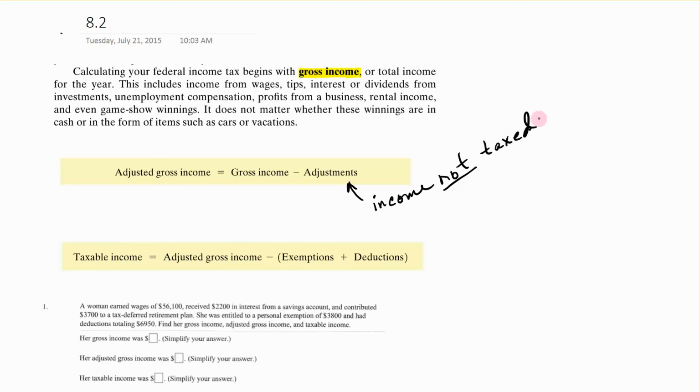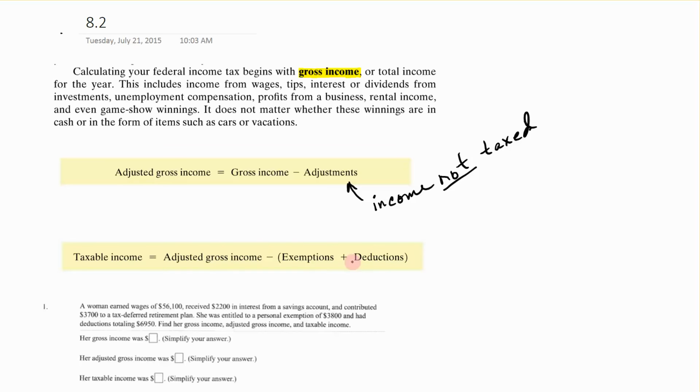And the IRS is very specific about this. Finally, we're going to get our adjusted gross income by taking away those adjustments, those things that shouldn't have been taxed or will not be taxed. And we're going to take your adjusted gross income and subtract from it your exemptions and your deductions, and we'll talk about those as we go on.